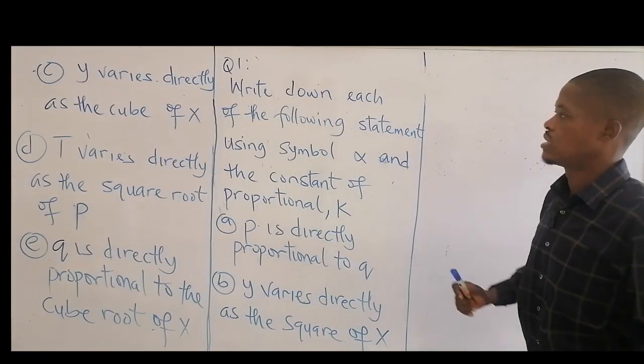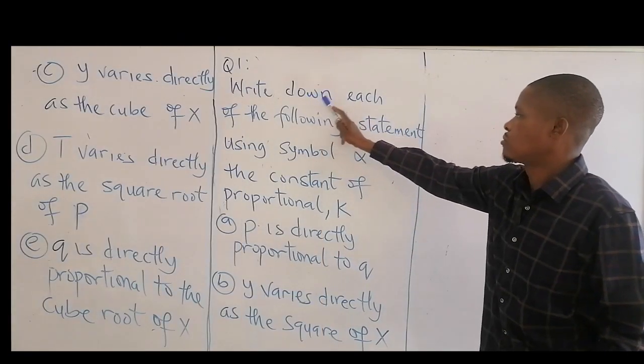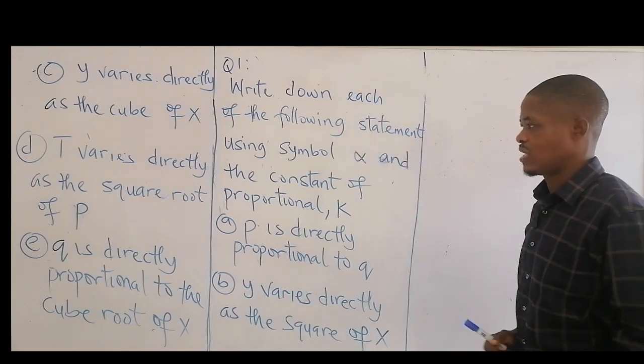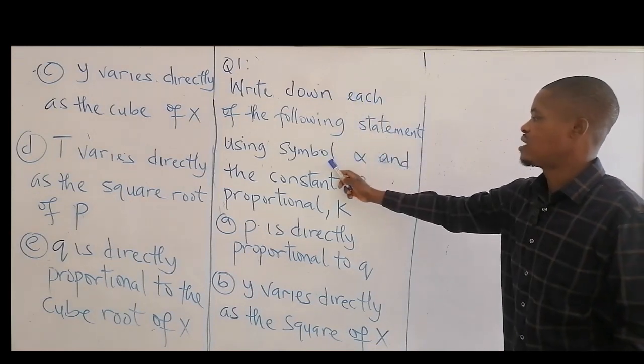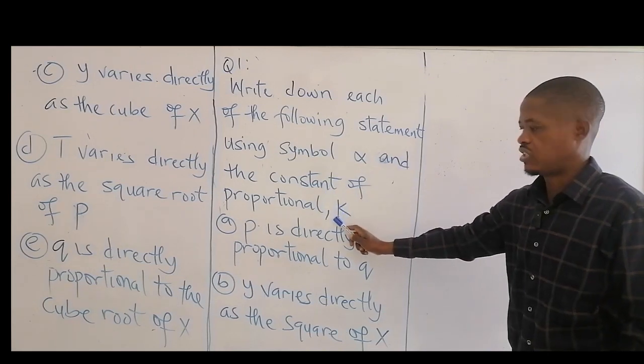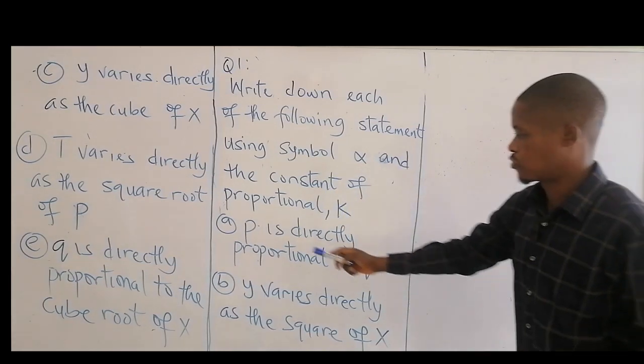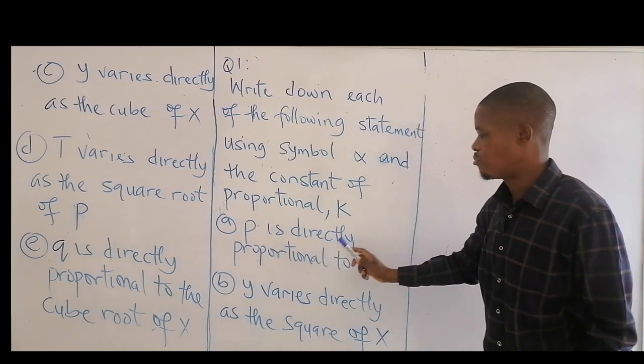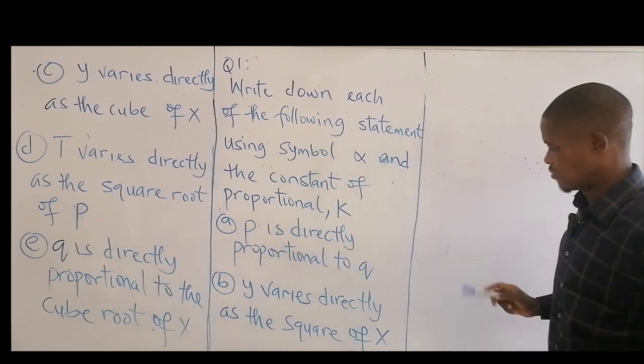Question 1. Write down each of the following statements using the symbol and the constant of proportionality k. For the first one, P is directly proportional to Q. That's very straightforward.